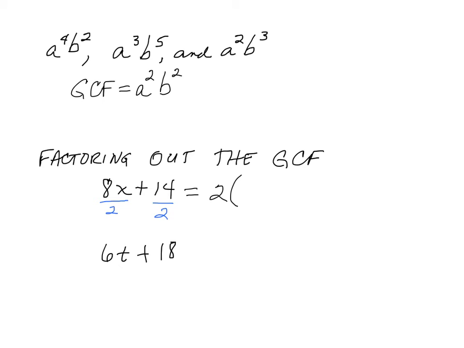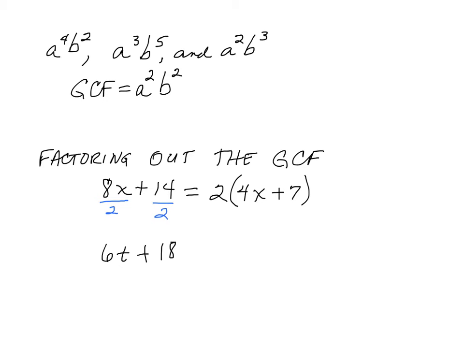You're saying I'm dividing 8x by 2, and what do I have left? 4x. I'm dividing 14 by 2, and what do I have left? 7. Although we don't write these divide by 2 steps, we understand that's what we're doing with the 2.